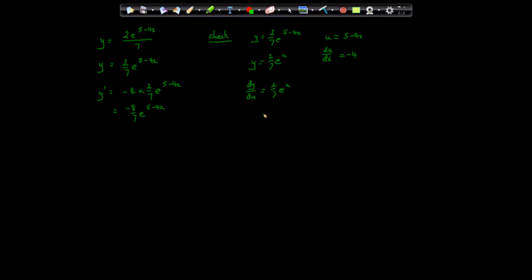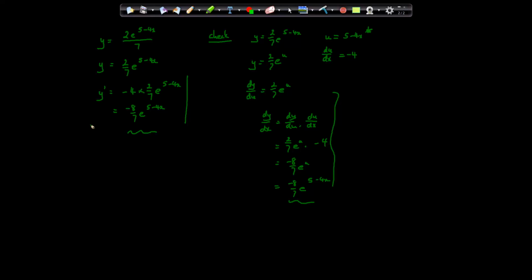Putting those together, dy over dx equals dy over du times du over dx, so we get 2 sevenths e to the power of u times negative 4. That's negative 8 sevenths e to the power of u, and putting u back in terms of x, that's 5 minus 4x. And that's the same answer as before, except this was a lot less work than all of this.